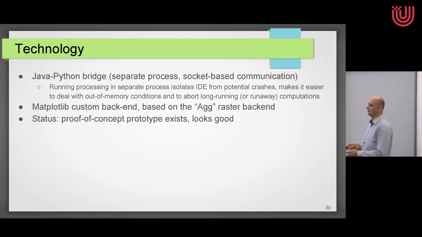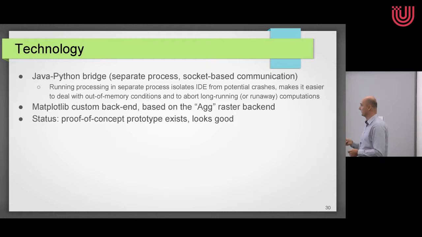If the Python process crashes for some reason, the IDE will not crash. And if the Python process manages to allocate too much memory and blows up and everything is out of memory, the IDE can just kill the Python process and the machine will survive. It's also easier to abort long-running or runaway computations, because we just kill the process from the IDE.